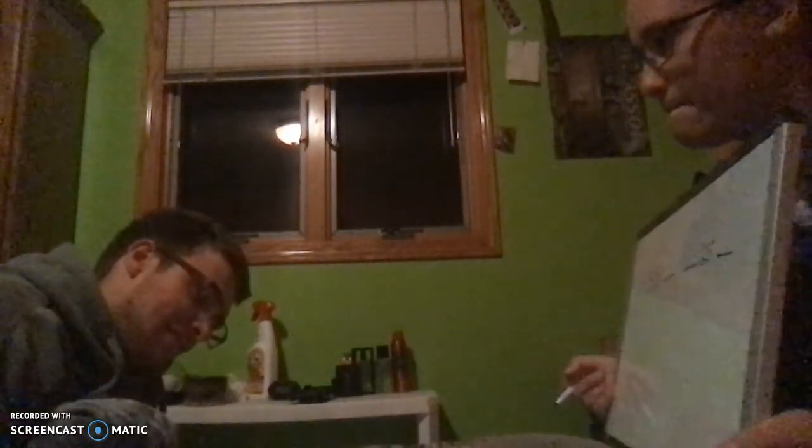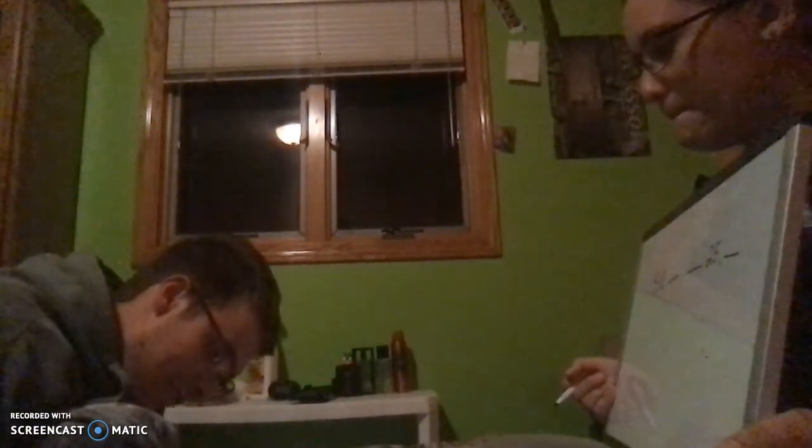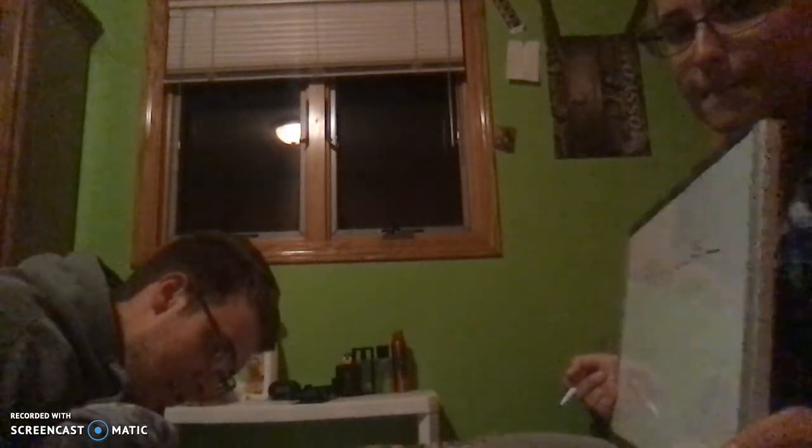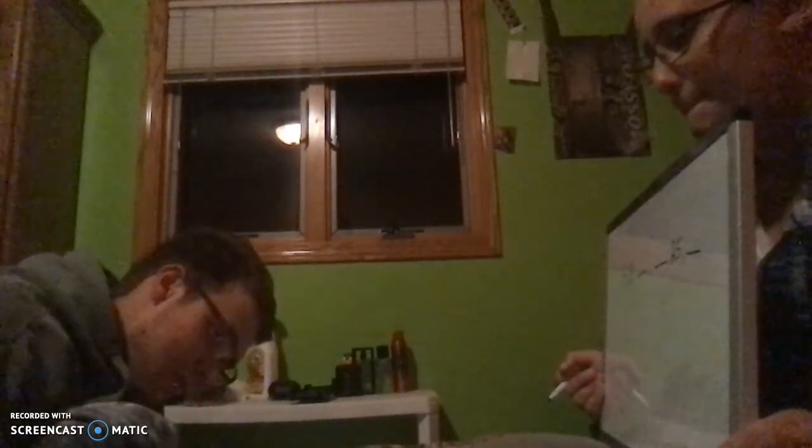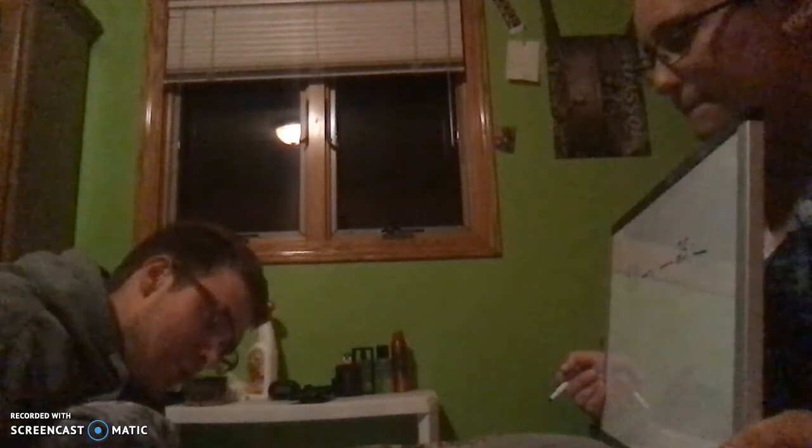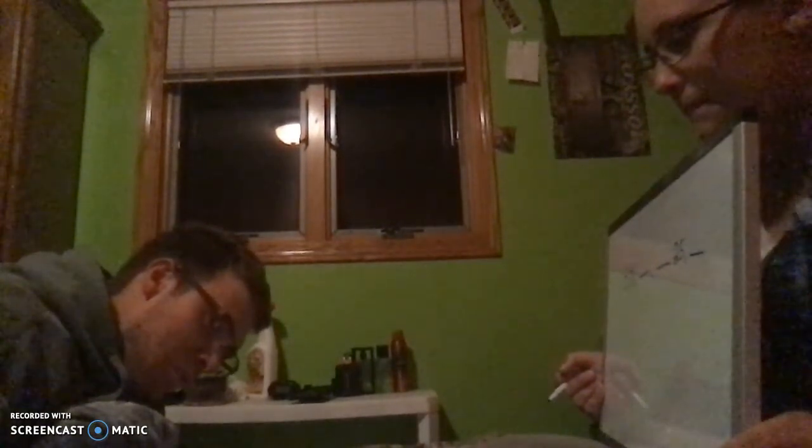I want all of you to write this on your paper. The one I give you. You're going to write this whole problem on your paper. 5, 10, blank space, 25, blank space.